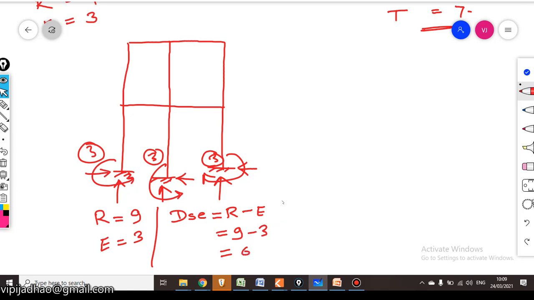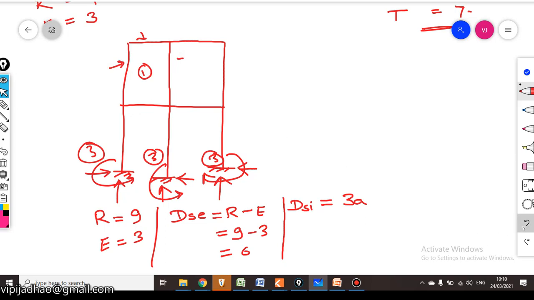In addition to this, as it is a rigid frame, we'll have some internal degree of static indeterminacy also, given by DSI is equal to 3 into A. Here A means the total areas of your frame which are completely enclosed by the members. So the first area is completely enclosed by this column, this beam, this column, this beam.